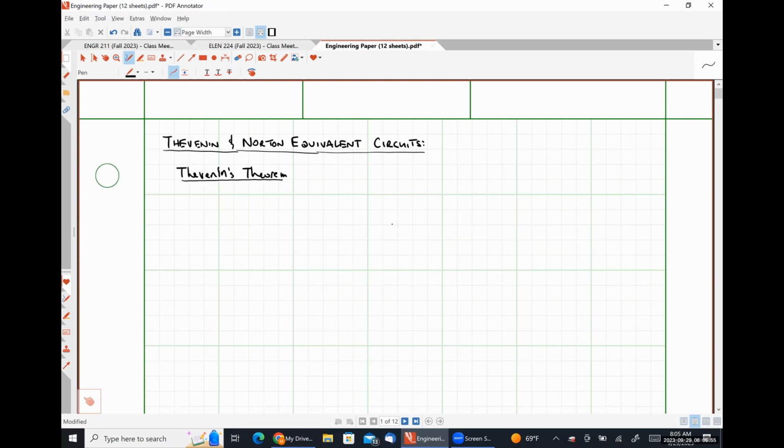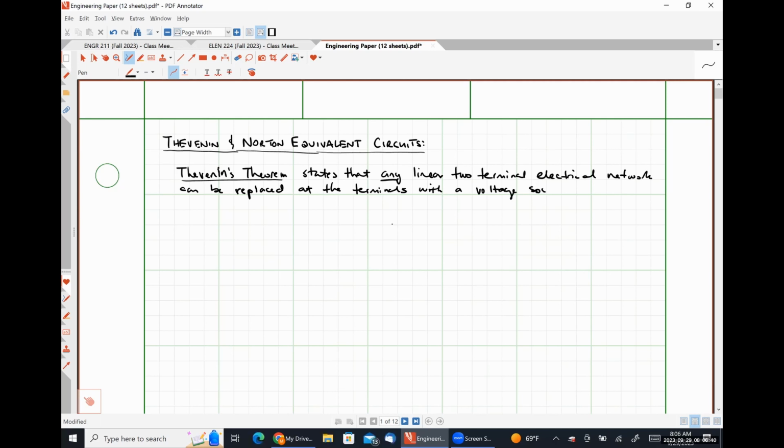So Thevenin's theorem states that any linear two-terminal electrical network can be replaced at the terminals with a voltage source VTH, which will stand for V Thevenin, in series with a resistance RTH.